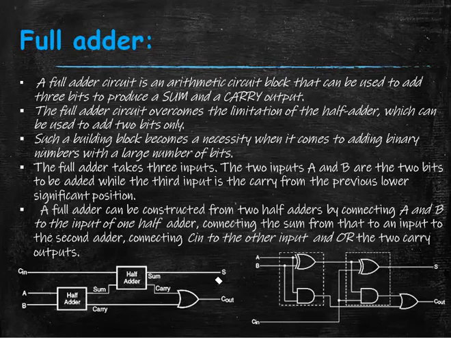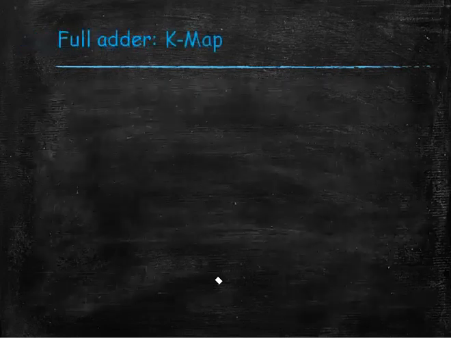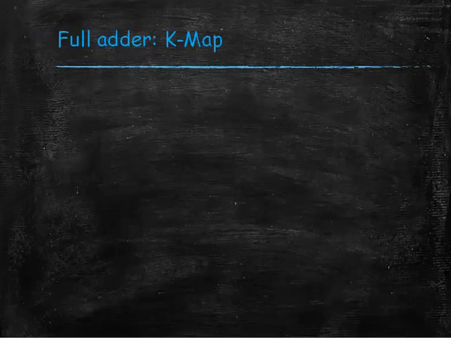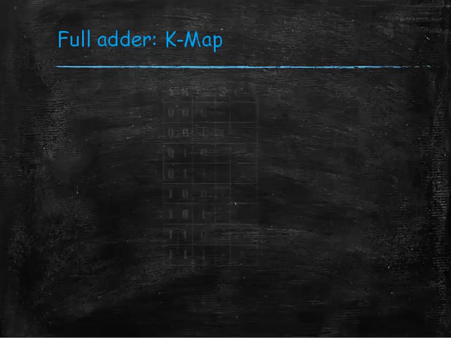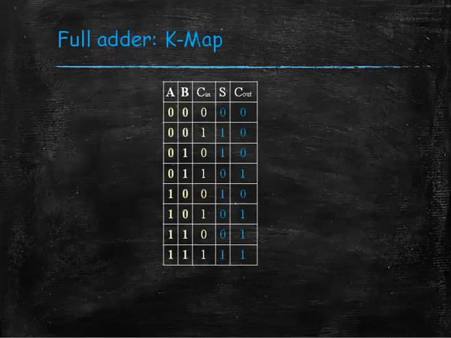To demonstrate that one, first we go to the addition of those bits, or the truth table of the full adder. Okay, it is the truth table for the full adder.